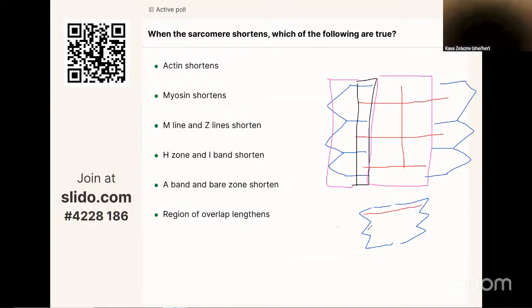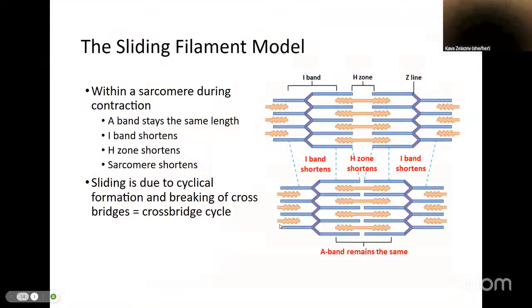What we're going to see in a really short sarcomere, if we're looking for those parts where we had only one type of filament, is we've got way less, almost none here, and again way less, almost none out here. So that is your H zone and your I band getting shorter.